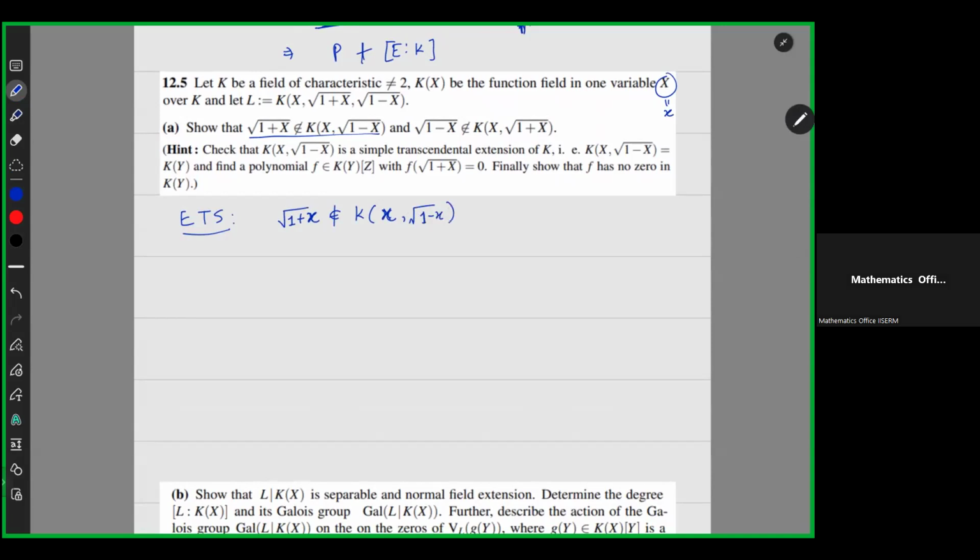Okay. So first of all, they want us to observe that this is a simple transcendental extension over K. Okay. So you just see this. This is nothing but K. Let me write in the next line so that you understand it. Next time, whenever you see it, K(x, root 1 minus x) is the same as K(root 1 minus x).